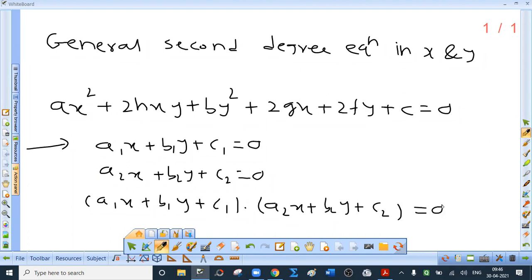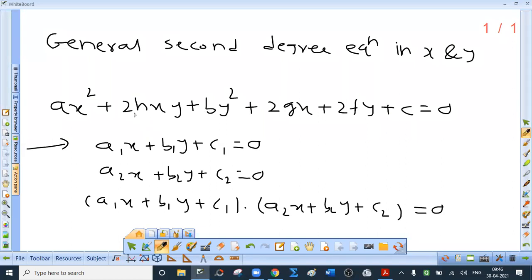Now, if you open all the brackets, you get a term in x square, a term in xy, a term in y square, then a term in x, a term in y, and a constant term. And that is why we take that as ax square plus twice hxy plus by square plus 2gx plus 2fy plus c equal to 0.